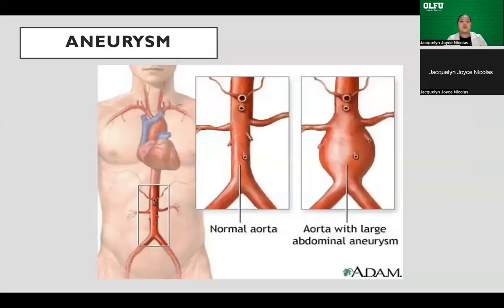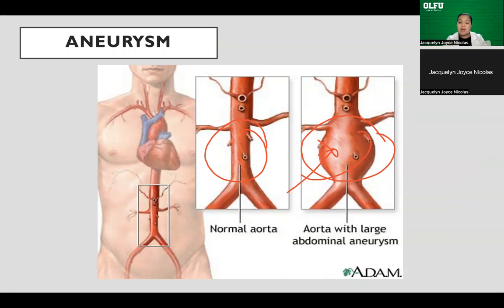Okay? So this is a normal aorta, and this is the aorta with a large abdominal aneurysm. So just imagine, it was just like this before, and now it is like this. Just think of how thin the walls would be. So at any point, you know that this can suddenly rupture. What will happen when this ruptures? The blood will pool inside the abdomen.